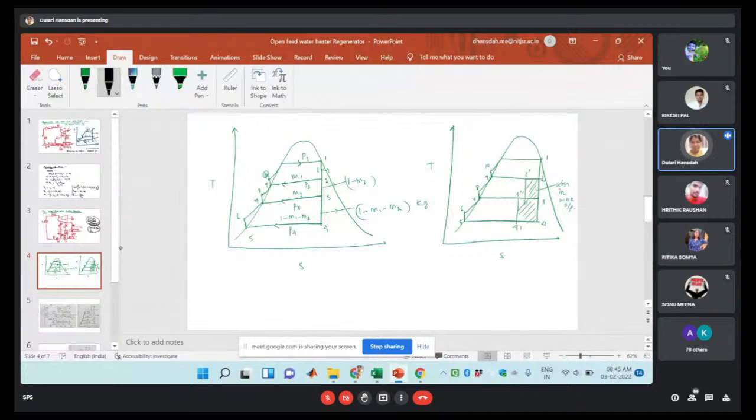So this is the 1 kg of the feed water. Similarly, what I have explained here is applicable to this process also. That means here 1 minus m1 minus m2 amount of steam is drawn at this point.